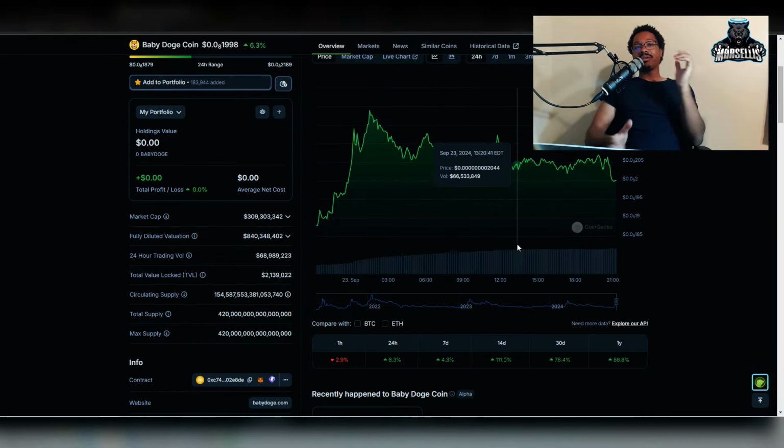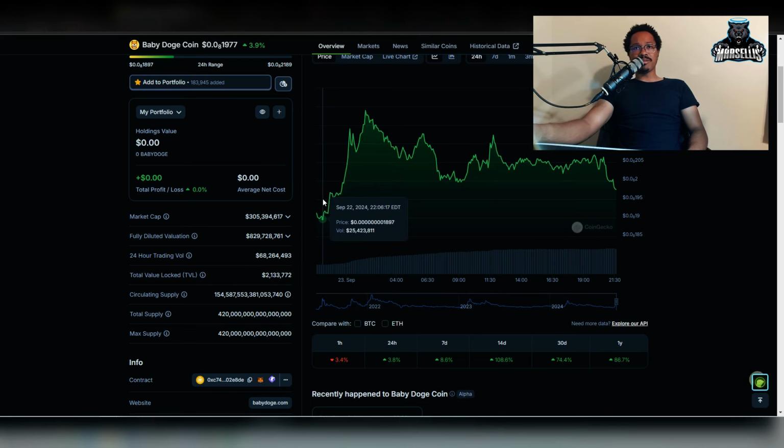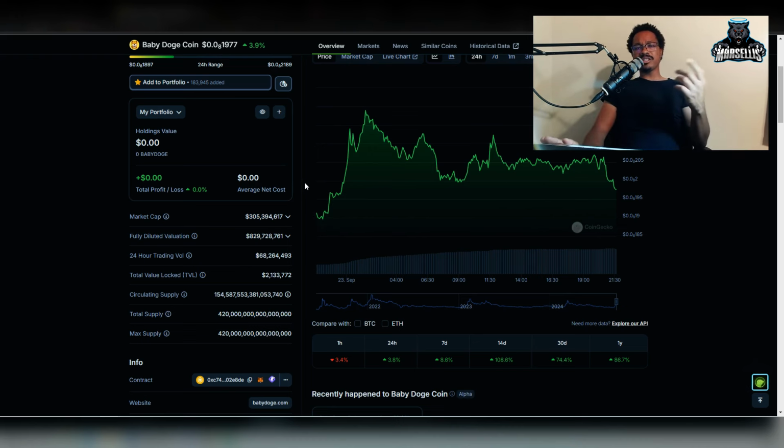Now we have an increase in 24-hour trading volume, $68.9 million in trading volume now. So yeah, that's pretty good that we're getting the money back into Baby Doge. Our trading volume went all the way down to like 29 million, I believe, somewhere around there. Yeah, 25 million actually. So it dropped pretty low, but it immediately recovered.